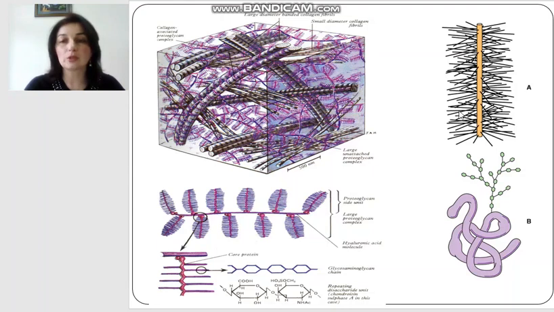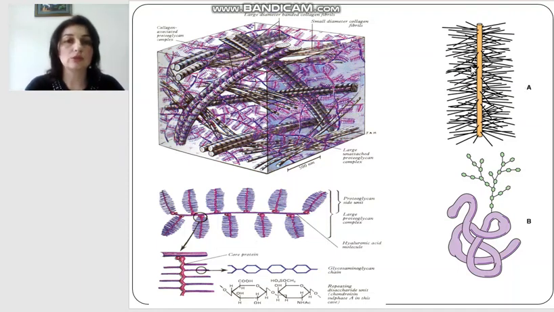So what are the proteoglycans? They resemble a bottle brush in which the wire stem is composed of the core protein, to which glycosaminoglycans are attached like bristles in a three-dimensional arrangement. Here you can see these are glycosaminoglycans which are attached to the protein core. In that way they will form proteoglycans.